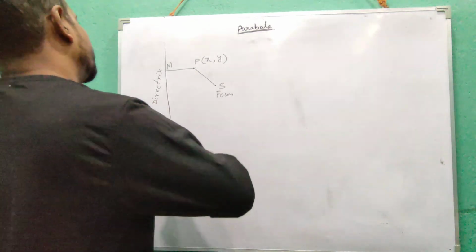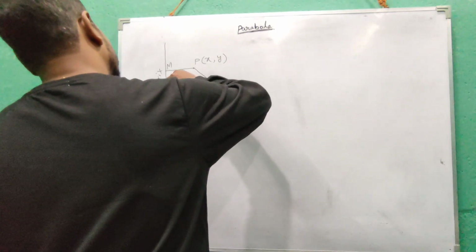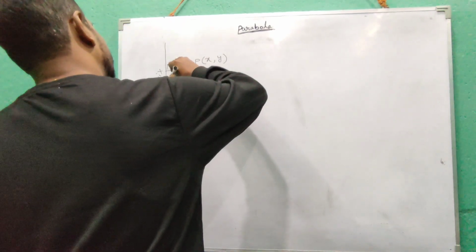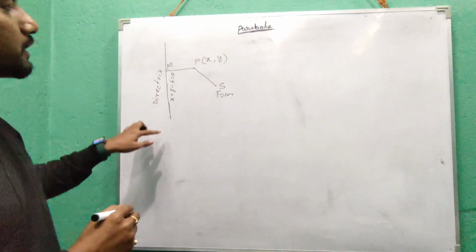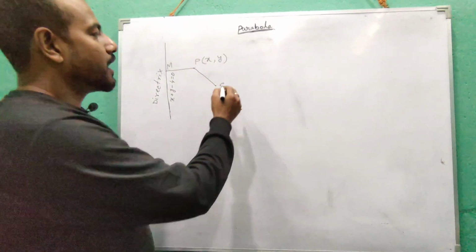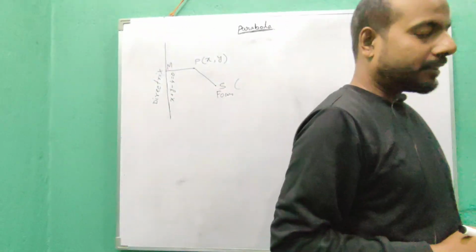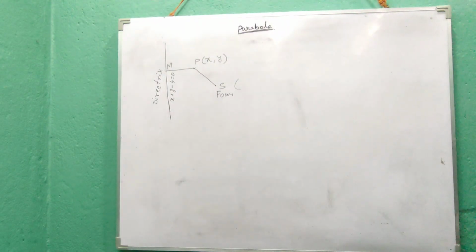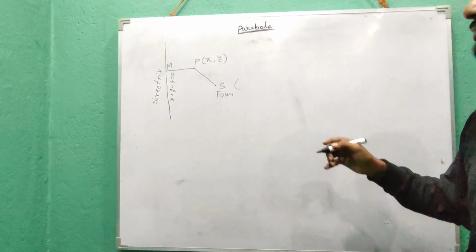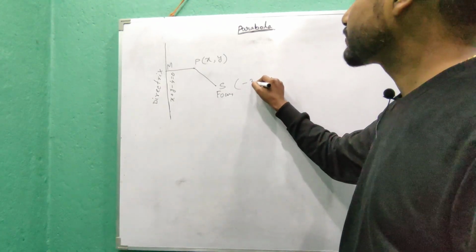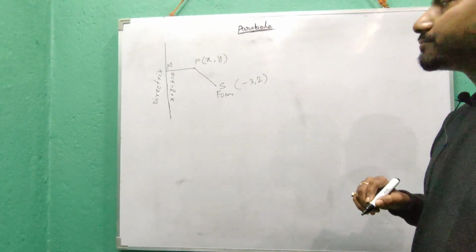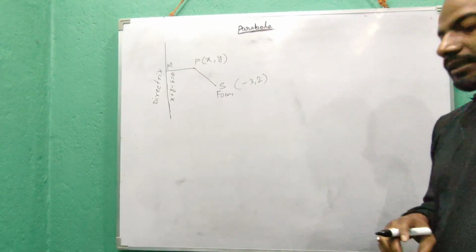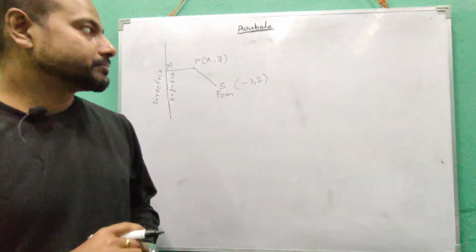Okay. Now, how to find the equation of a parabola whose directrix and focus are given? Let the equation of the directrix be x plus y minus 4 equal to 0. This is the equation of this straight line. And let the focus be minus 3 comma 2. Then how can we get the equation?